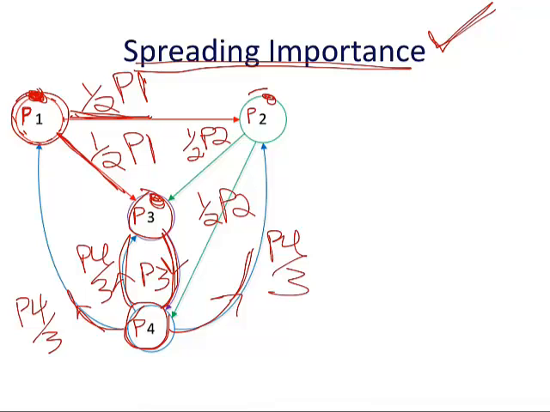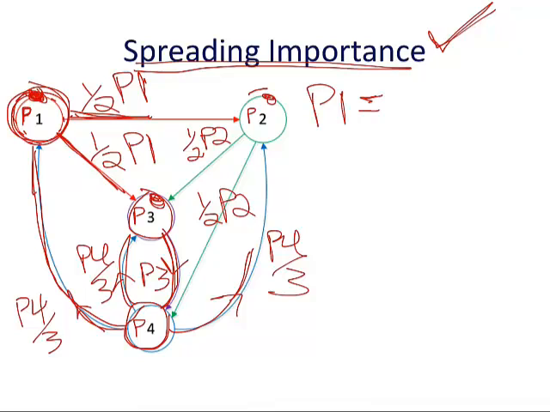So now, from this graph, it's actually very easy to equate the importance scores in the PageRank algorithm to one another. We start at each node, and we equate that node's importance to the total importance that is incoming to that node. So the importance score of page 1 has to be the same as this incoming link, whatever the importance of this link is, plus nothing, because there are no other incoming links to P1.